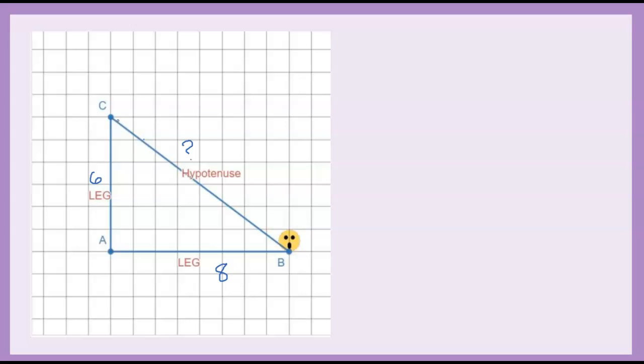Are there any tools in our geometry toolbox that maybe we could use to calculate the length of the hypotenuse of a right triangle? Well, let's see, we had good old Pythagorean theorem, which states that the length of one of the legs squared plus the length of the other leg squared equals the length of the hypotenuse squared.